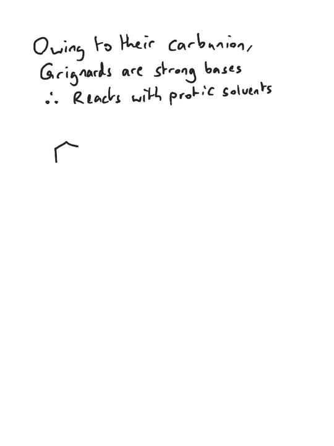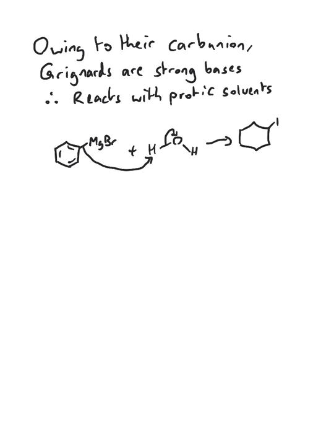For example, if we take phenyl Grignard, so phenyl with MgBr, we can react it with water to yield a protonated product and a magnesium salt side product.